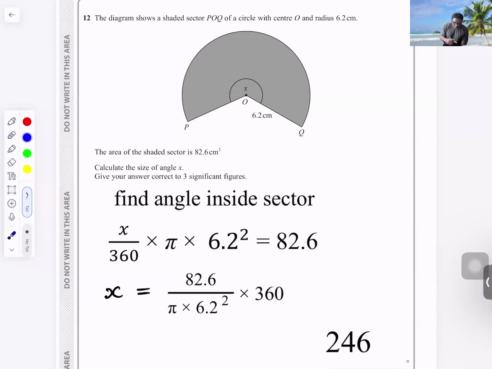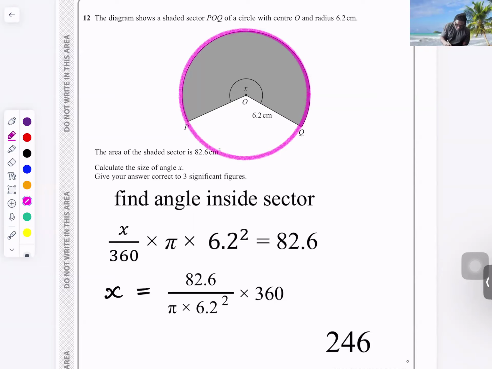So for question 12, the diagram shows a shaded sector POQ of a circle with center O. So think of it as a complete circle, and we want to find that angle there, X. That's what we want to find.